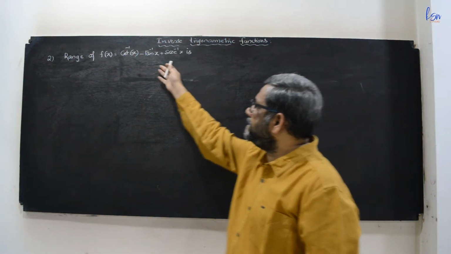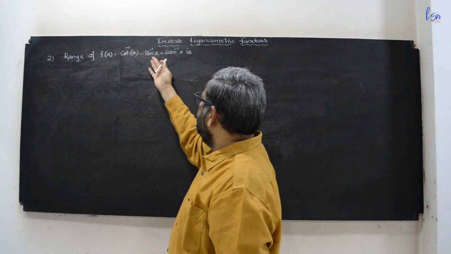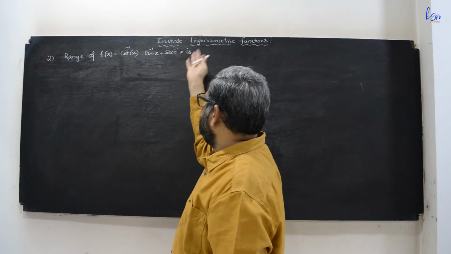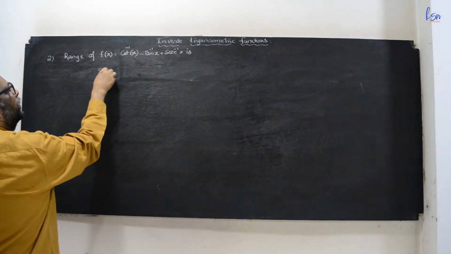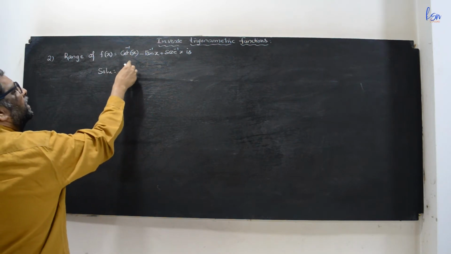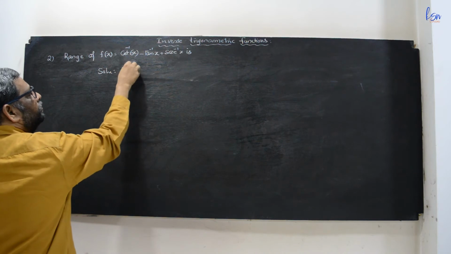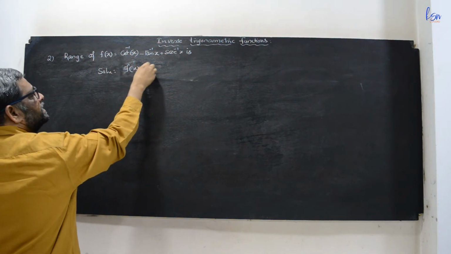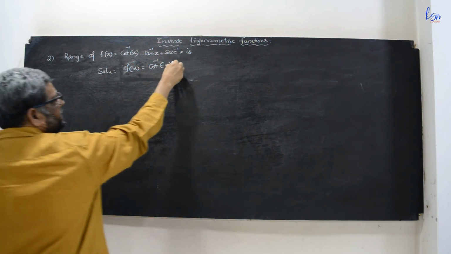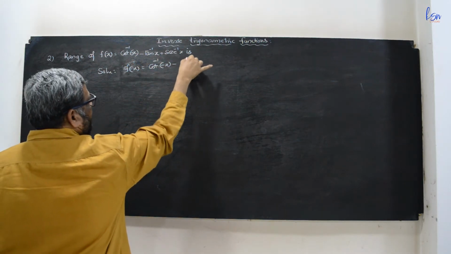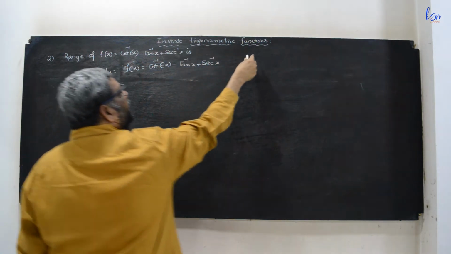The second problem is, range of f x is equal to cot inverse minus x minus tan inverse x plus secant inverse x. Now let us look into the solution. f x is equal to cot inverse minus x minus tan inverse x plus secant inverse x.